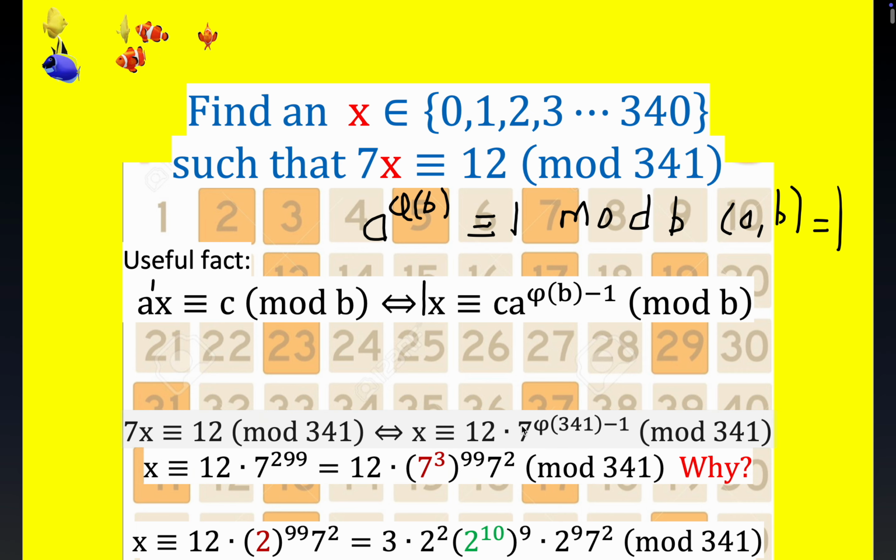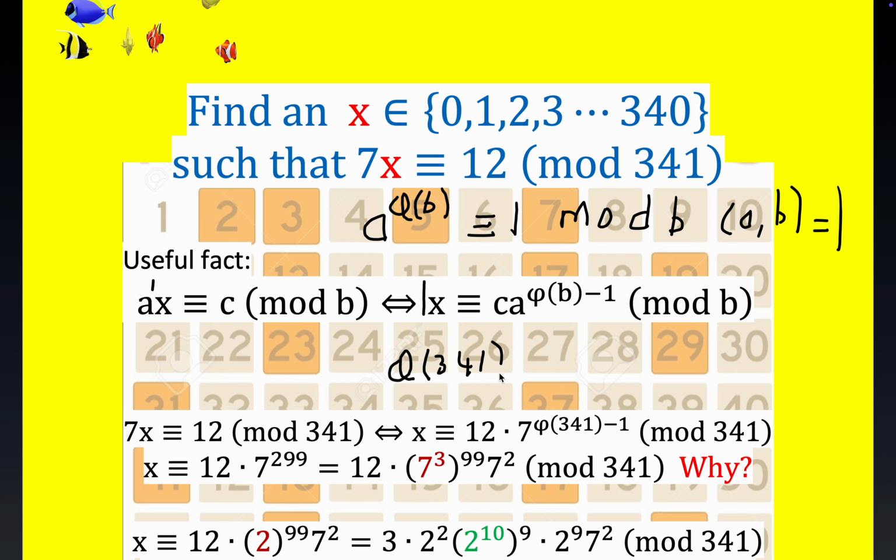Here's our result right here. We're just using this fact that hopefully made sense when I explained why it's true. So we get this statement right here. Now, it's fairly easy to compute phi at 341. Doing it directly, of course, is a pain, but there's a nice result that says all you have to do is know the prime factors and take their reciprocals.